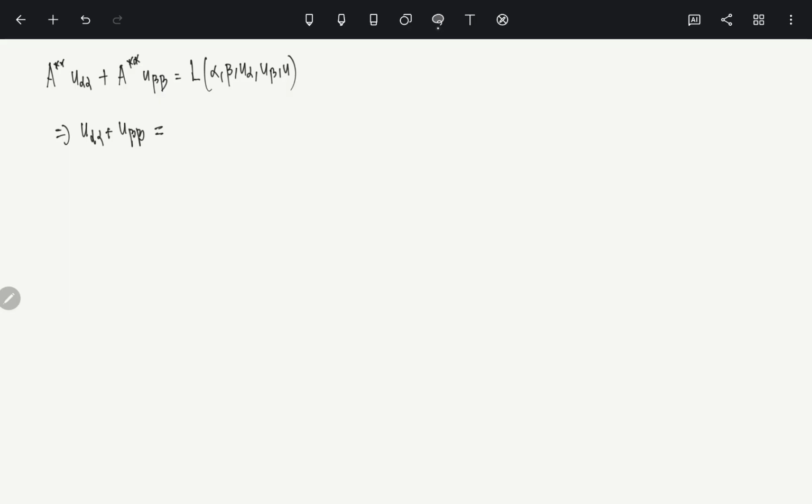Essentially a lower order term, let me write it like this: L star(alpha, beta, u alpha, u beta). Clear? So this is called the canonical form of the elliptic equation. Yes. So this is the theory part. This is how you reduce it.